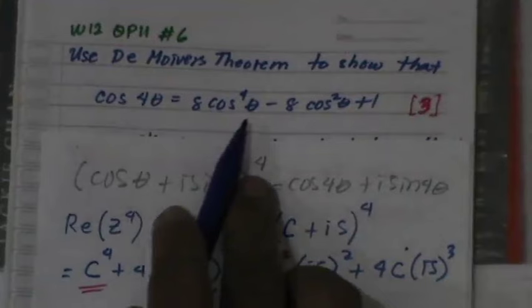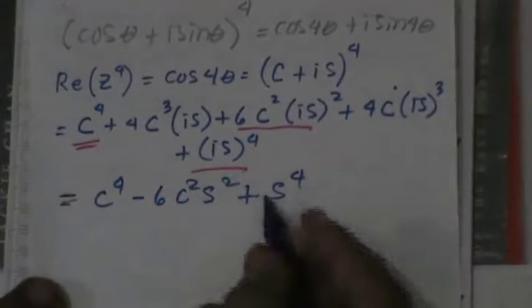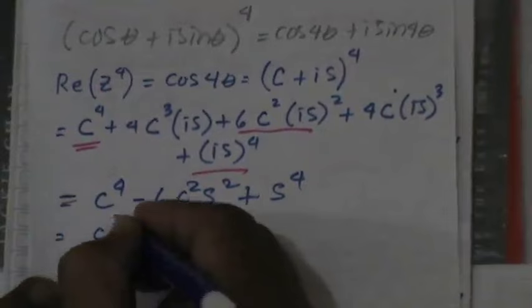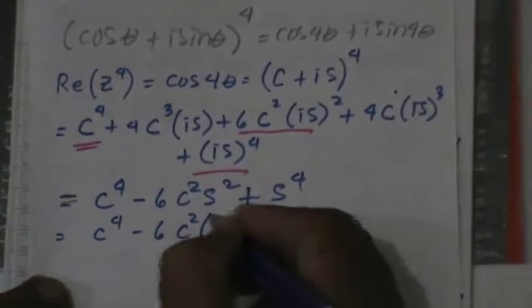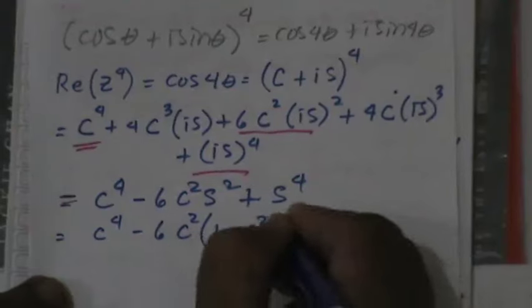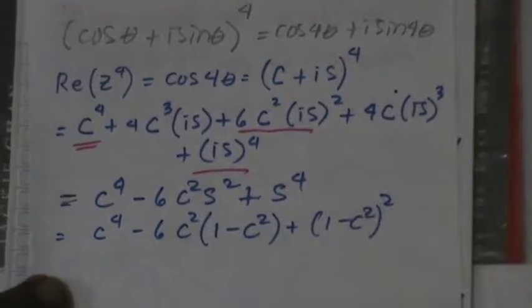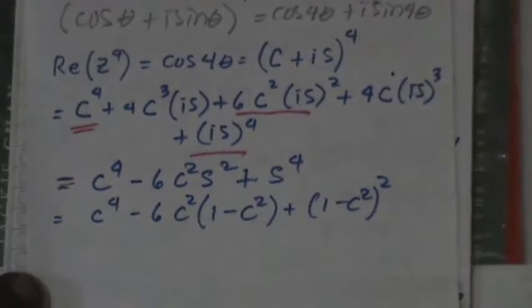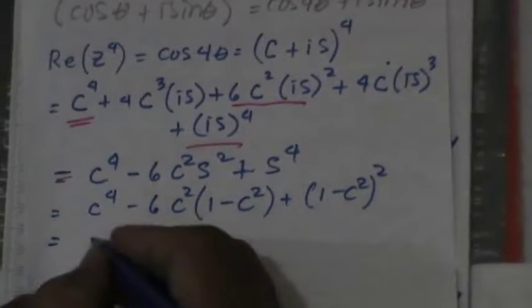However, the question wants us to write our answer in powers of cosine. So how shall we do that? We need to change all the sines to cosines. So c to the 4 minus 6c squared times 1 minus c squared, plus 1 minus c squared raised to 2.